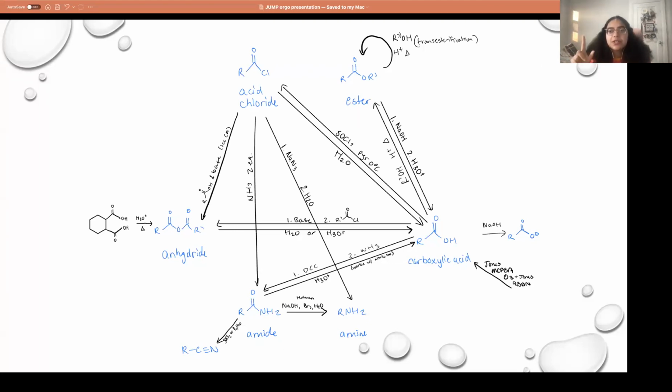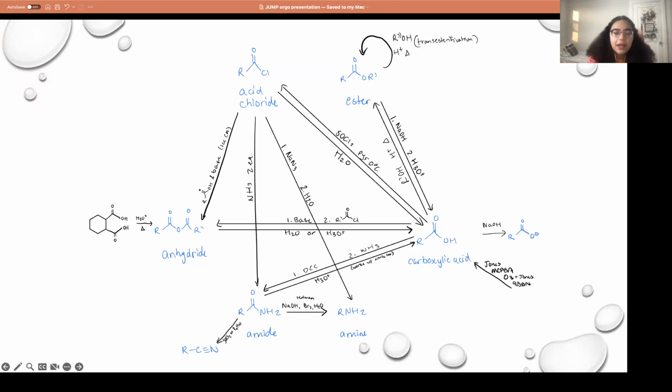That's a reaction called transesterification, where if you have heat, the triangle, and a proton environment, H plus, you can change the R groups on an ester. If you have something else like an R double prime as an alcohol, you can change out the group on your ester.